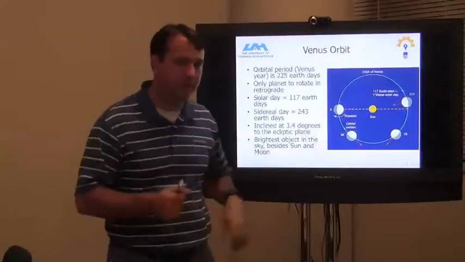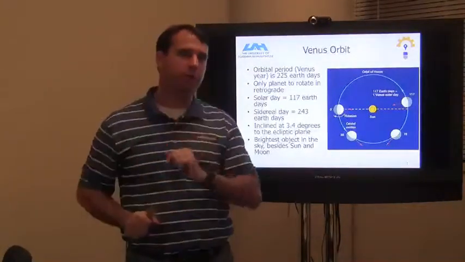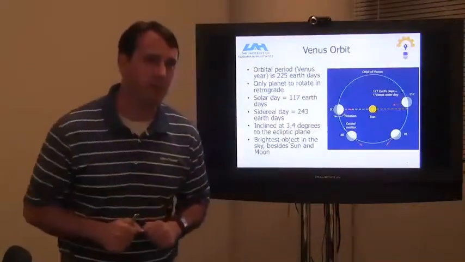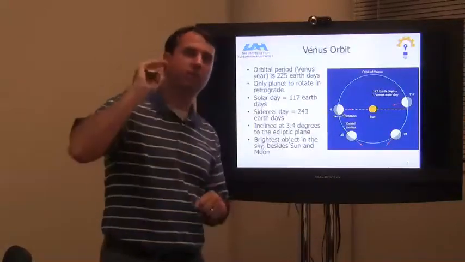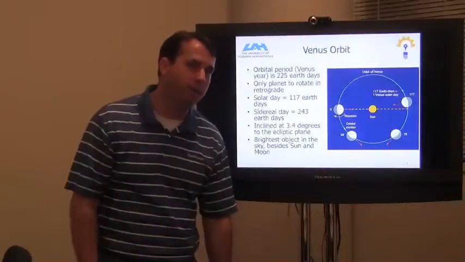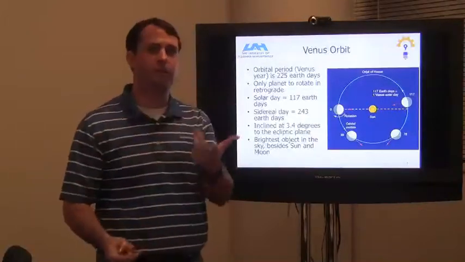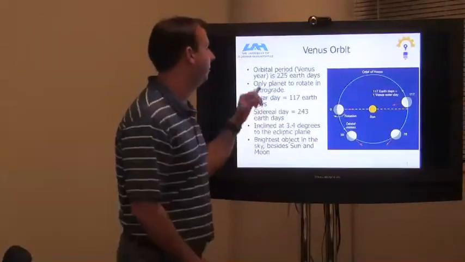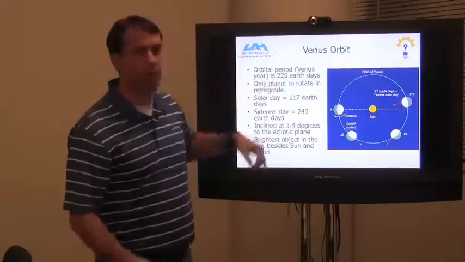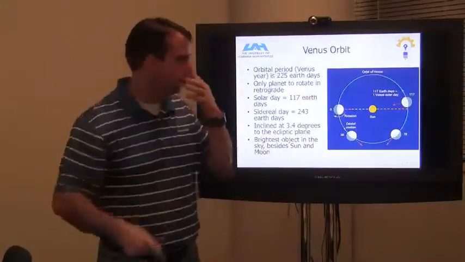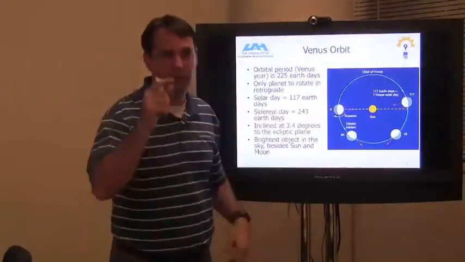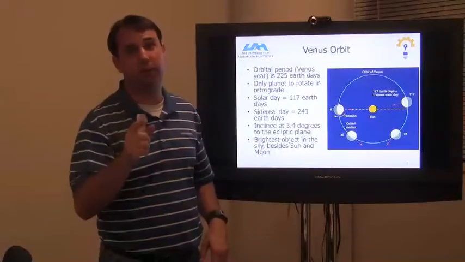So Venus's orbit is probably one of the strangest, or the strangest, in the solar system. And also scientists don't know why it orbits the way it orbits. So there's something there if you want to think about that. Now, as I said before, Venus travels around the sun. It takes it 225 Earth days to travel around the sun.